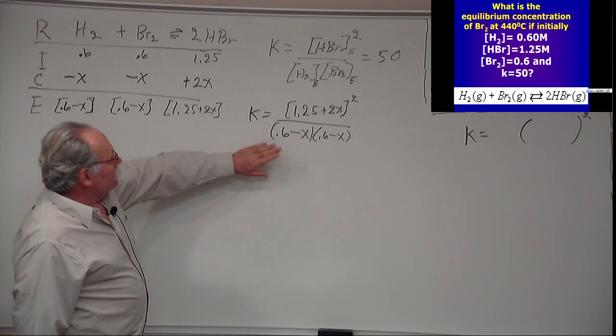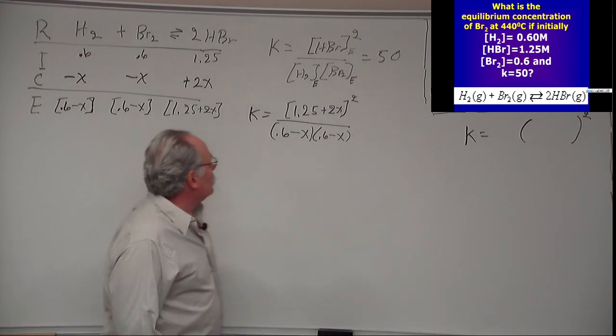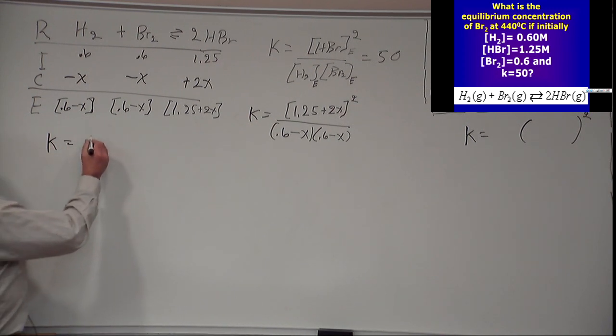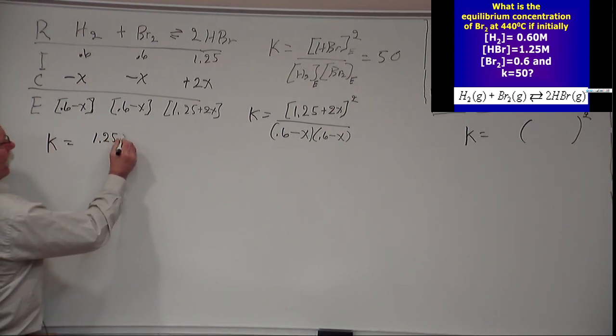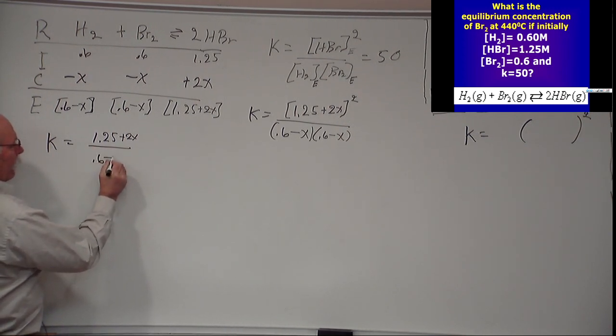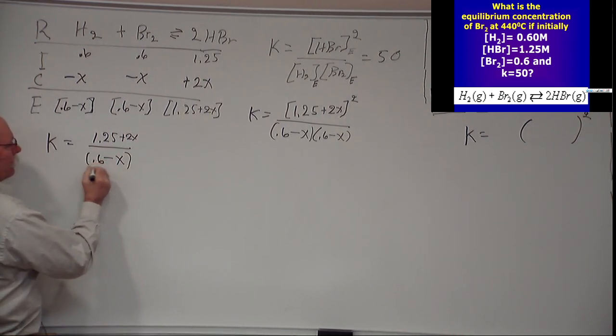So what I want to do is bring this into a format like this. I can now say that K is equal to 1.25 plus 2x all over 0.6 minus x, squared. I'm going to do this in 2 steps.